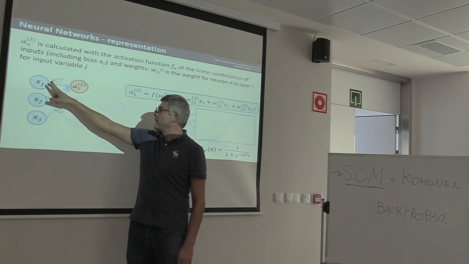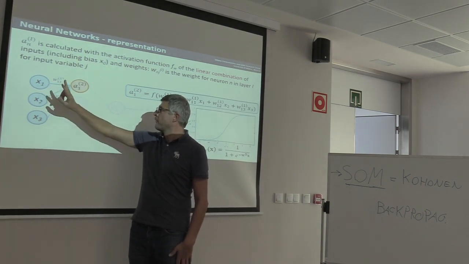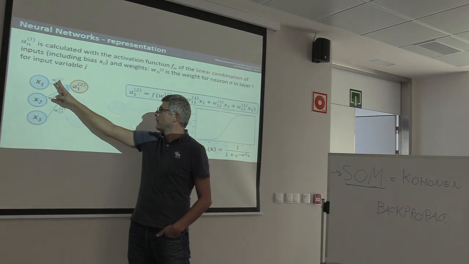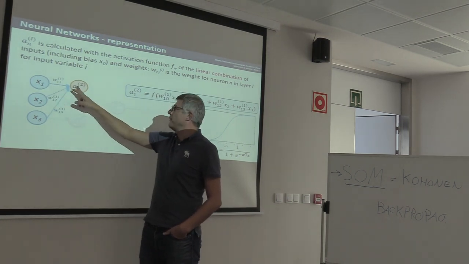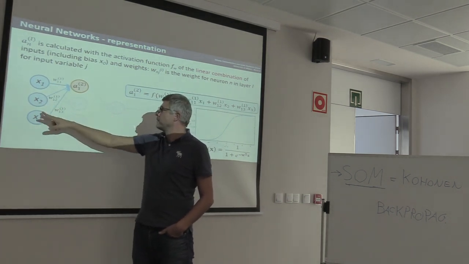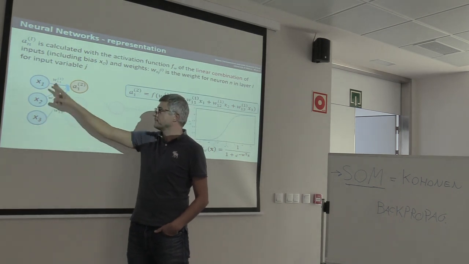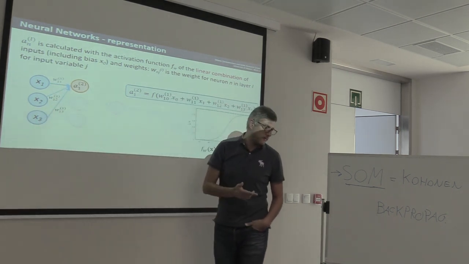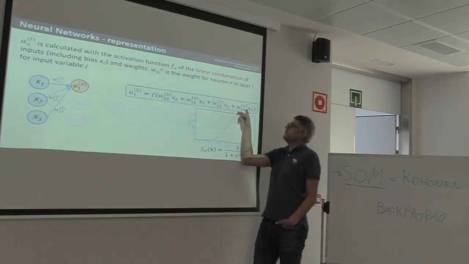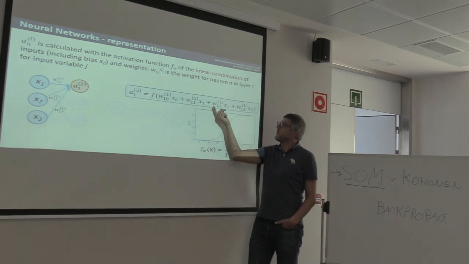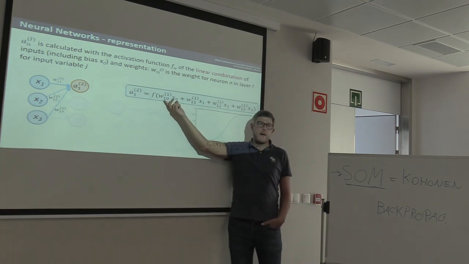This weight is the weight for the first layer, which controls the first input to the first neuron, and so on. So we have 3 weights, and this is the linear combination of x1, x2, x3 with the 3 weights, and this is the bias.